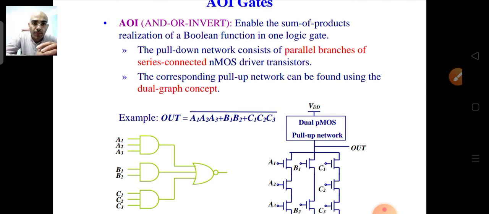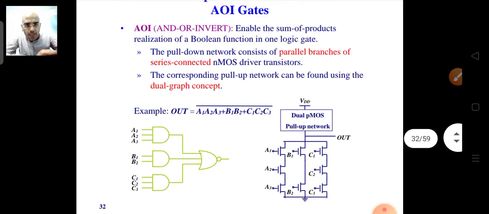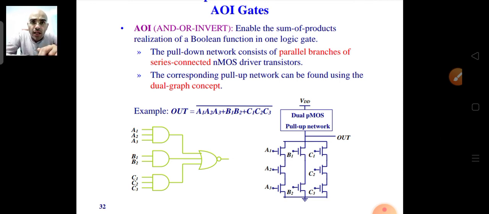Here we will see how to realize any given boolean function with the help of a stick diagram, with the help of CMOS circuits. Let's say the functionality given to you is A1 dot A2 dot A3 plus B1 dot B2 plus C1 dot C2 dot C3, and over that whole function there is a bar.